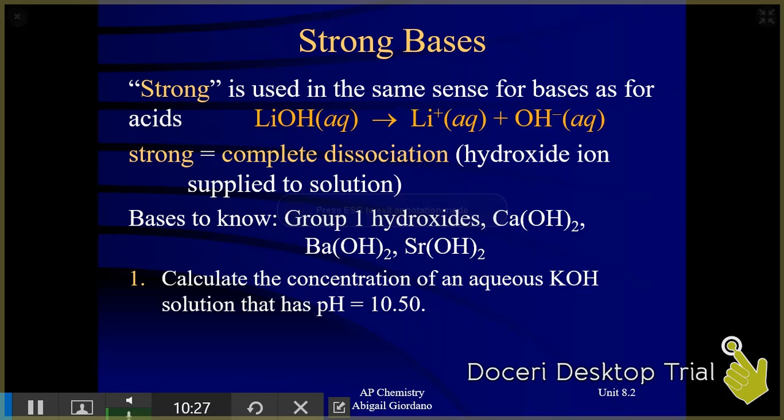It says calculate the concentration of an aqueous KOH solution that has a pH of 10.5. Right off the bat, I recognize this is one of my strong bases. I'm going to open up a new screen.